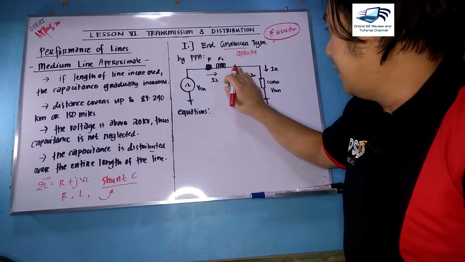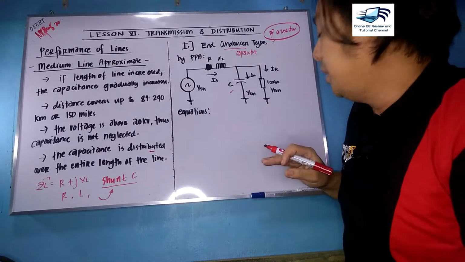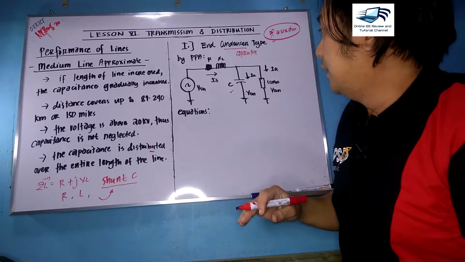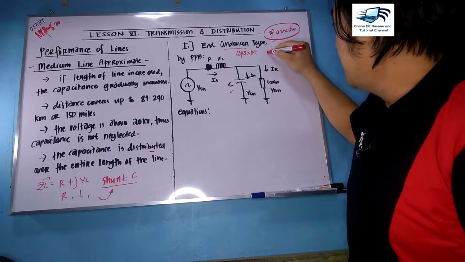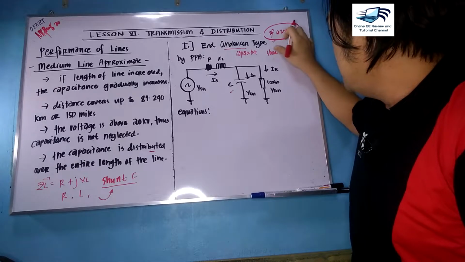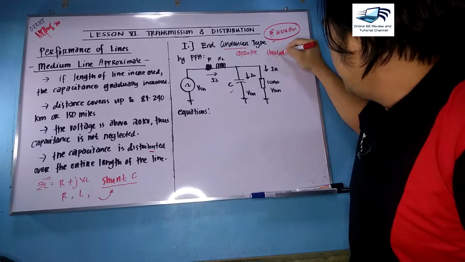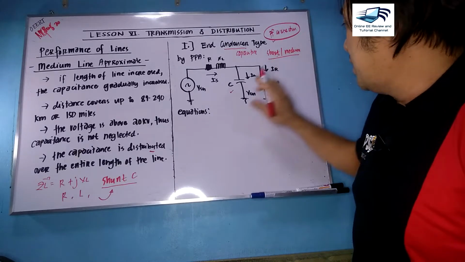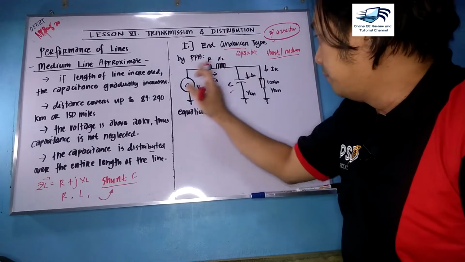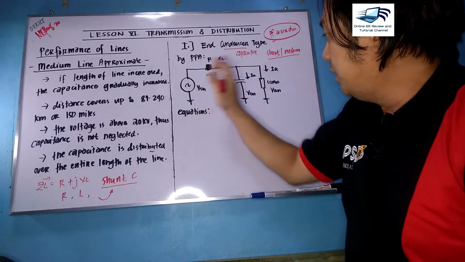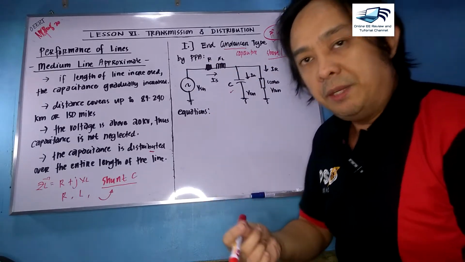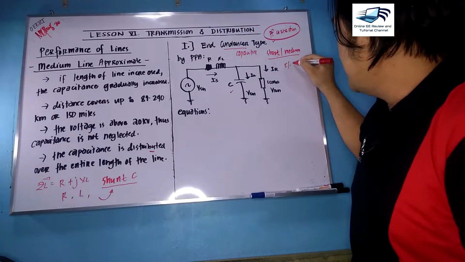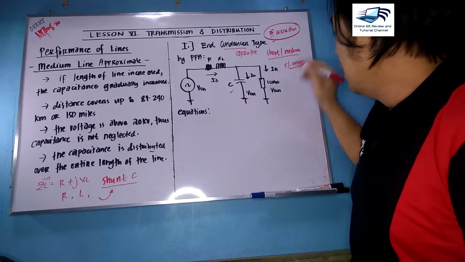So for this, the C is connected in parallel with the load. It's like a short line, but here you connect a shunt capacitance. This type of line is in between a short line and a medium line. Since the capacitance is not distributed equally on both the sending and receiving end, we can say that this type has a 5% error in the calculations.